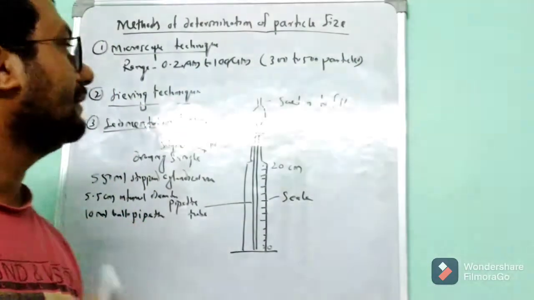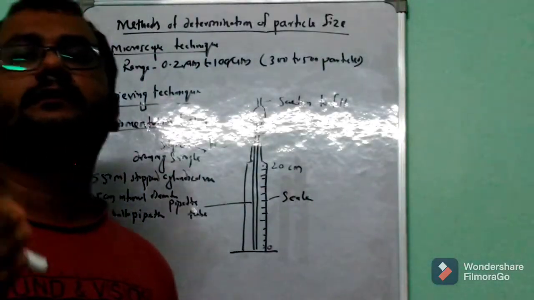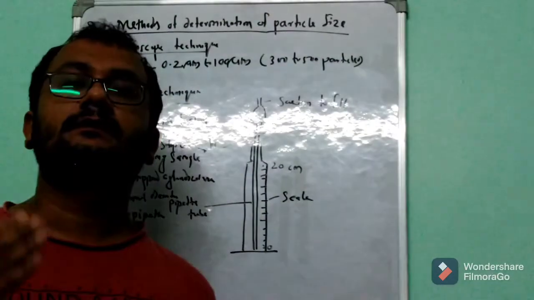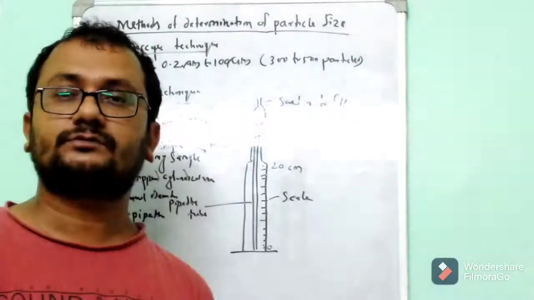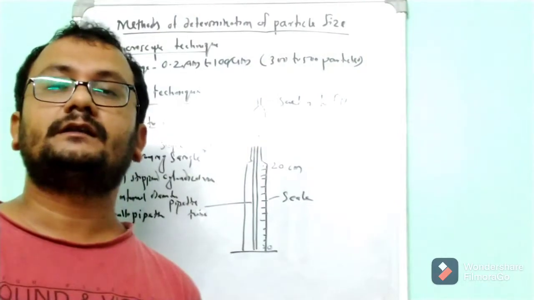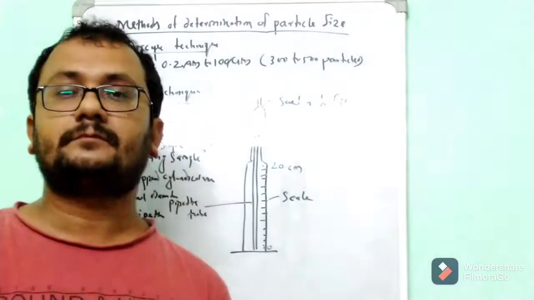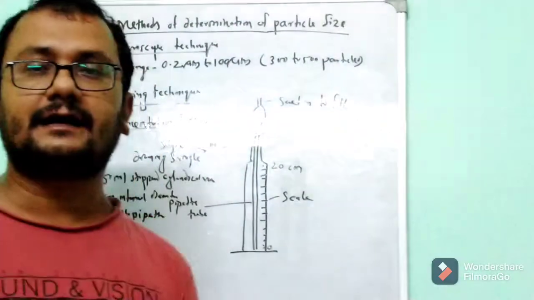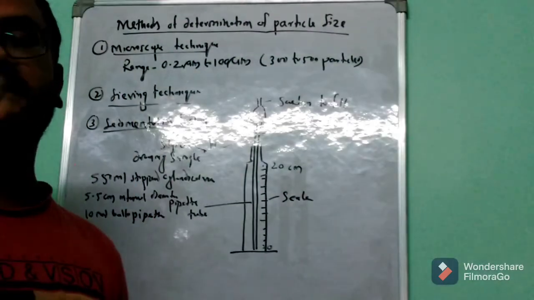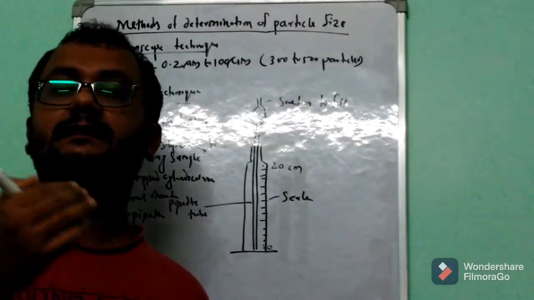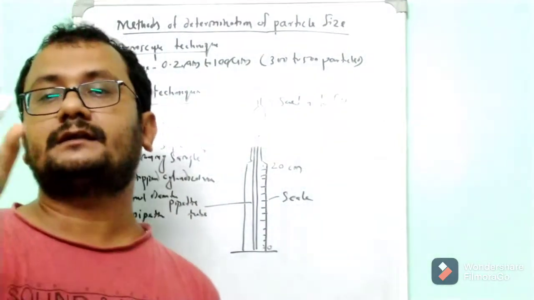Sometimes we also use more sophisticated techniques like projected microscopes and electron microscopes. We get a picture of the particles, which is evaluated later, and we can easily get the particle size ranges and the number of particles in a particular sample.